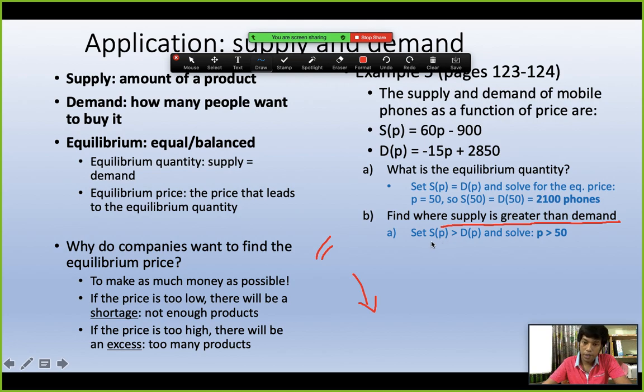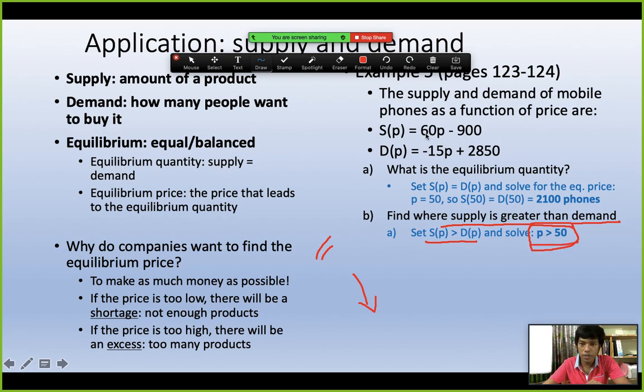That's why you can set SP greater than DP. Then supply is more. In that case, P is greater than 50, that means price is greater than 50. Why?